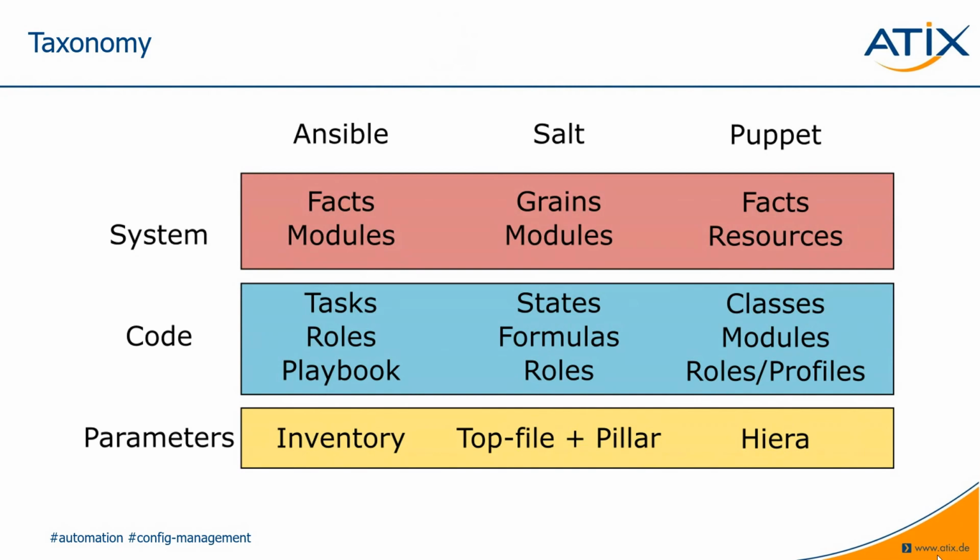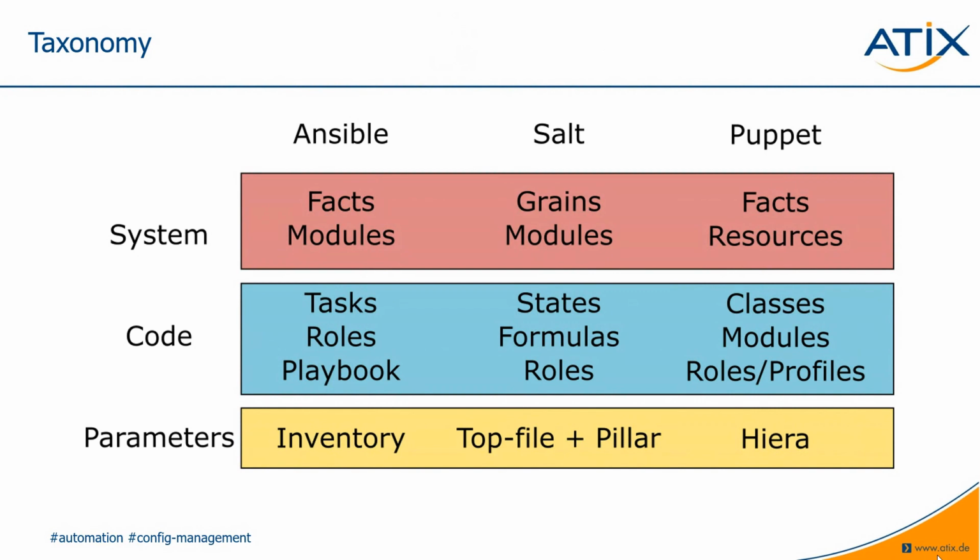So it's something between playbook and role. And if you have your state already available, consisting of maybe more than one state, and it's universal and available on GitHub, they call it formula.